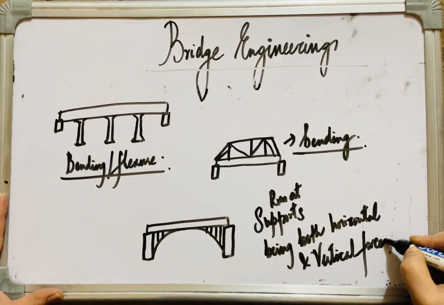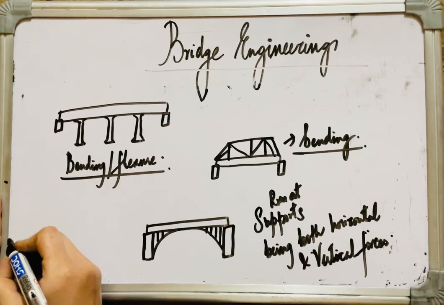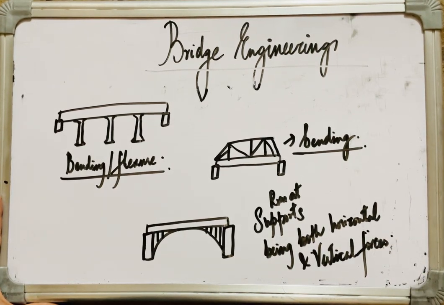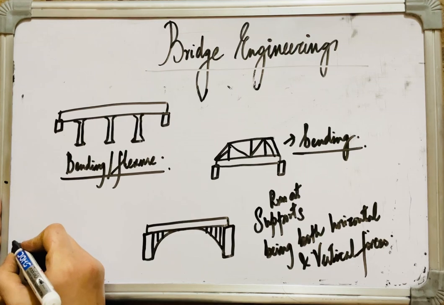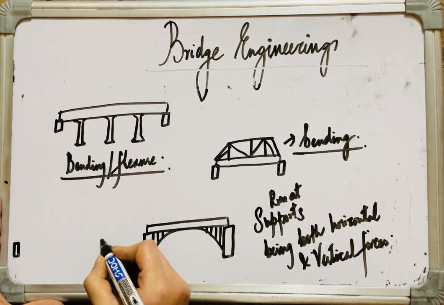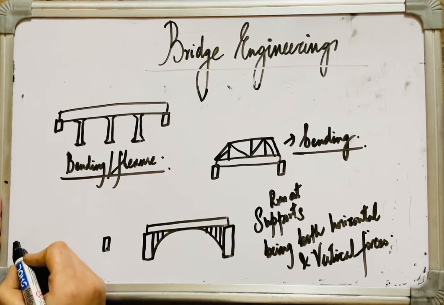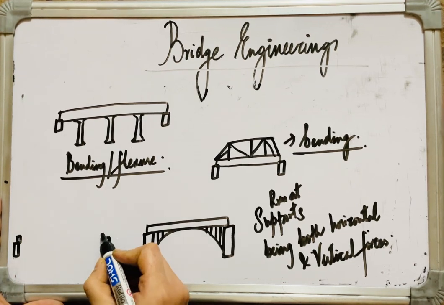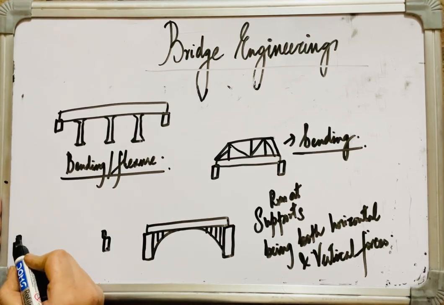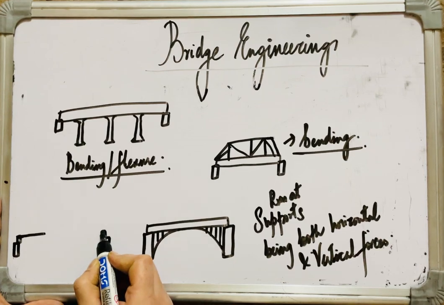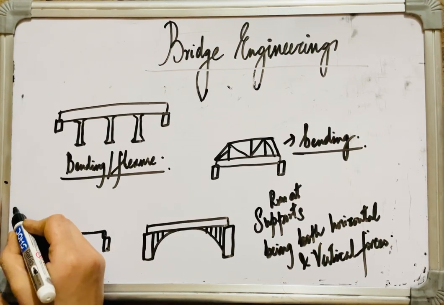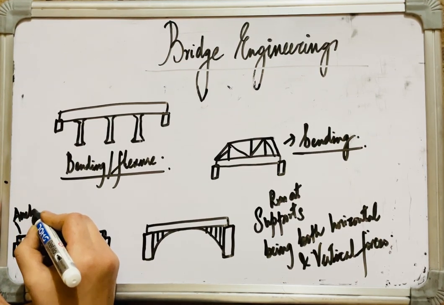Then we studied the cantilever bridge, in which the two ends, this is the cantilever span, also known as the anchor span, which is anchored below the shore.